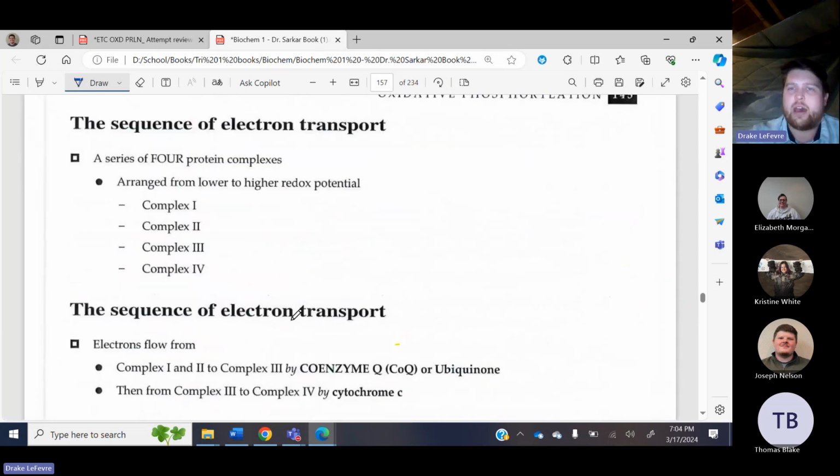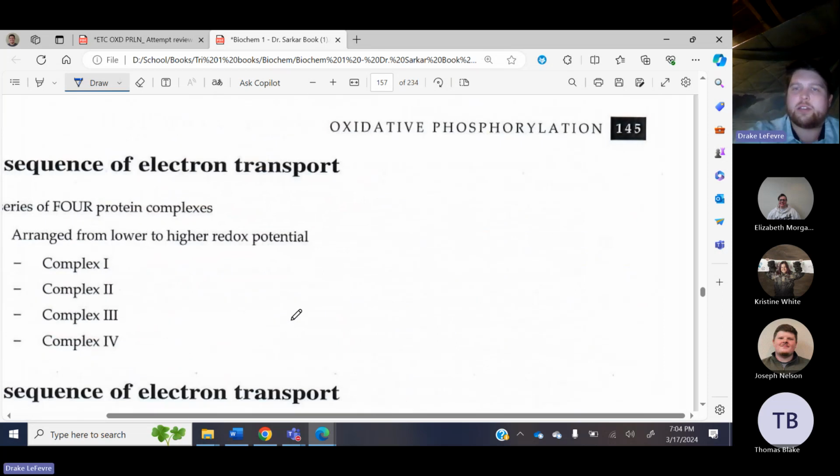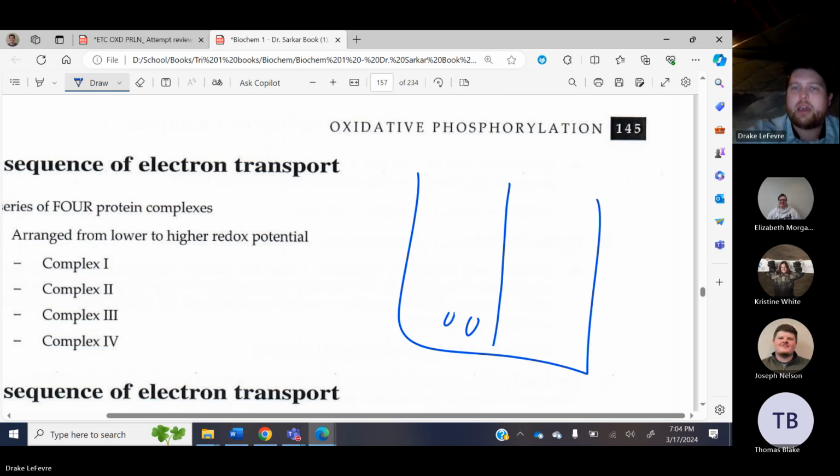Chemical gradient, all that means is that we have a solution, right? We have a barrier in between, and we're getting a bunch more stuff on one side compared to the other. Kind of like this.